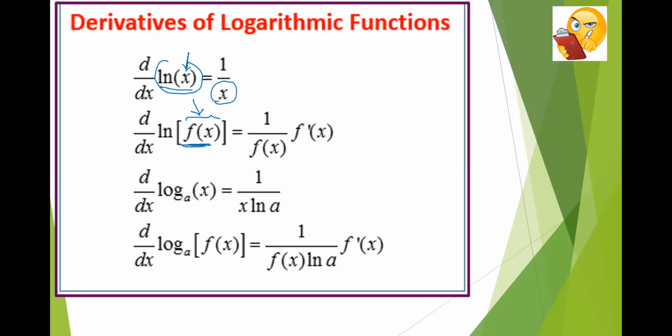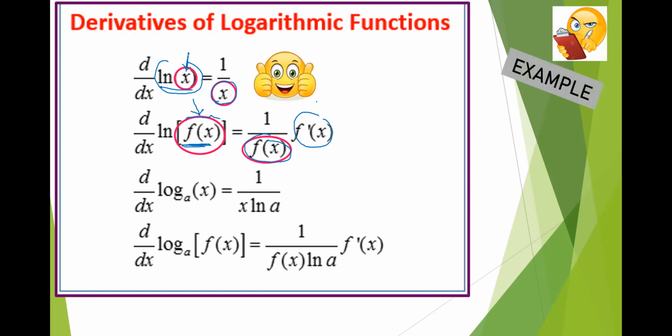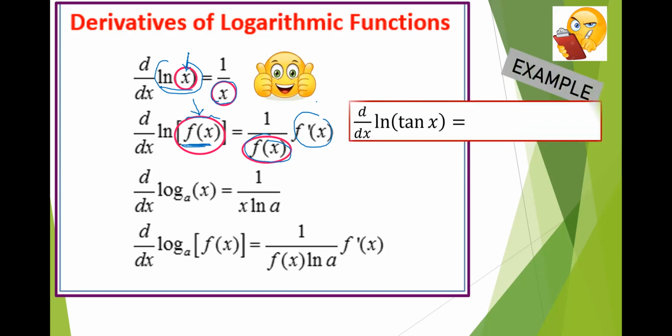Whatever comes with the ln, we simply place that on the denominator, and then our extra factor is f prime of x. Kanina, yung nandito, in-emphasize natin, lalagay lang sa denominator. And what about our example related to that?